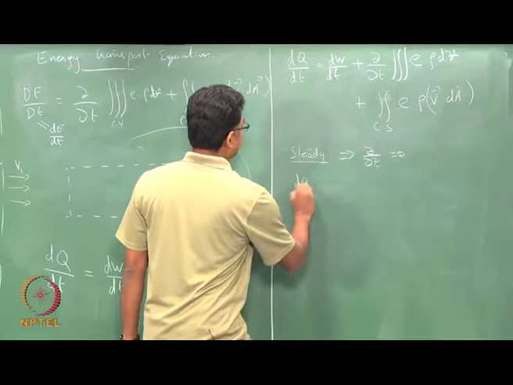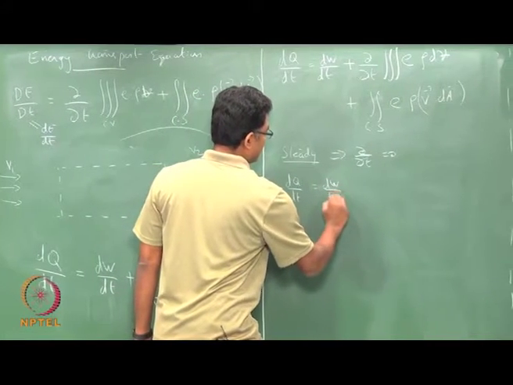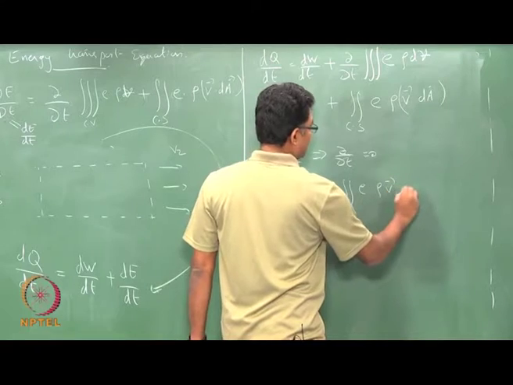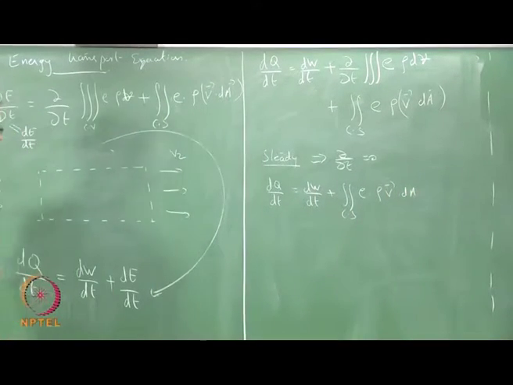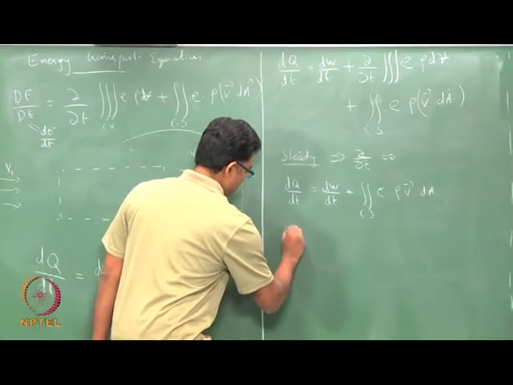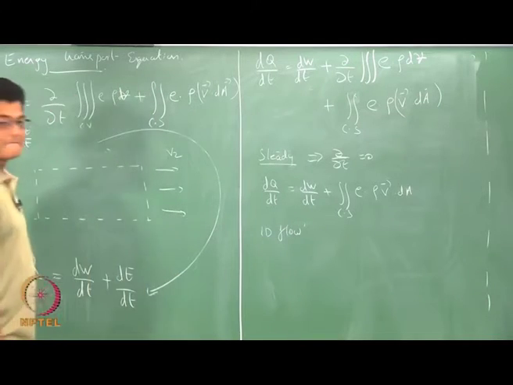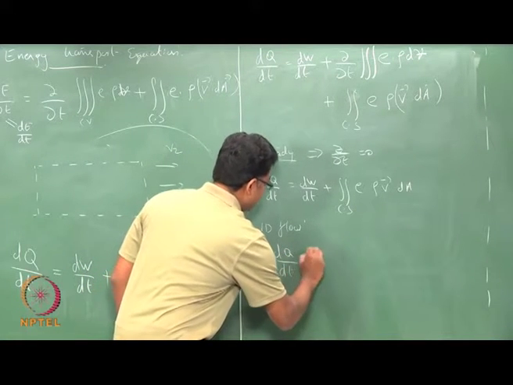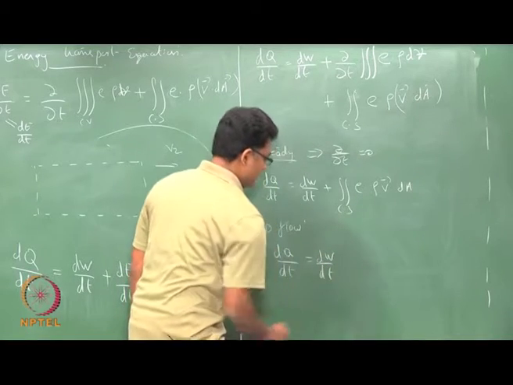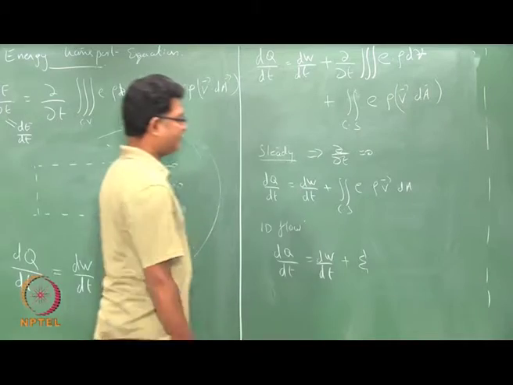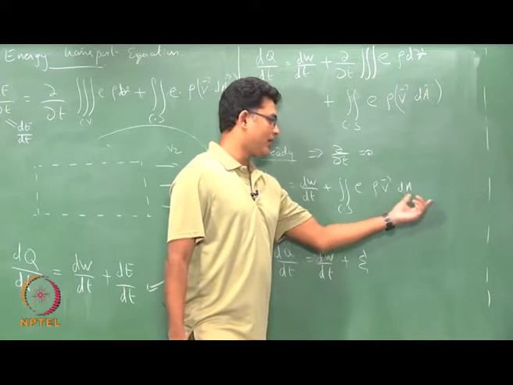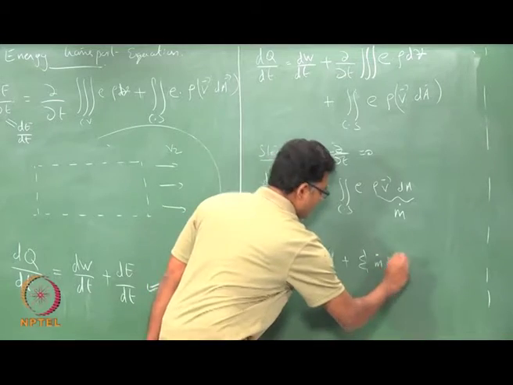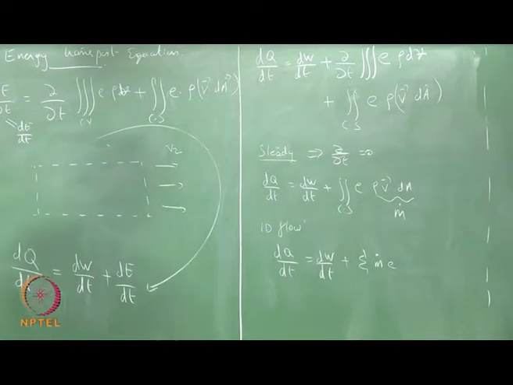So, your dQ by dt is now dW by dt plus the surface integral of E rho V dot dA, and if I assume 1D flow, I can rewrite this as dQ by dt equals dW by dt plus sigma of rho V A, which is your mass conservation, m dot. So, it is m dot E.